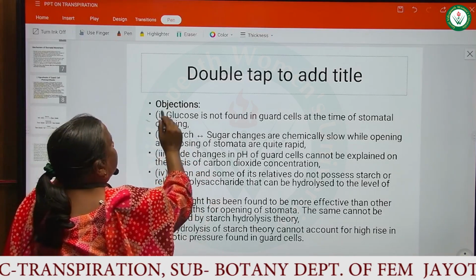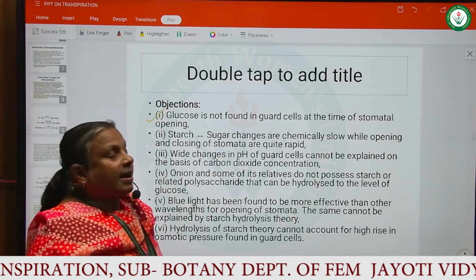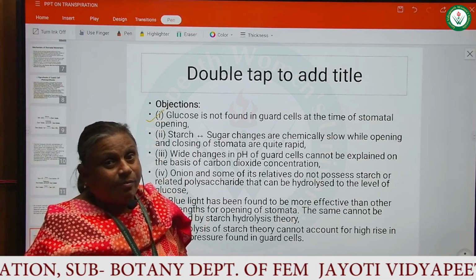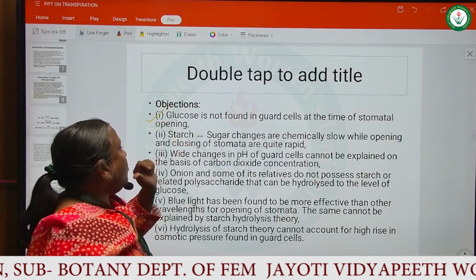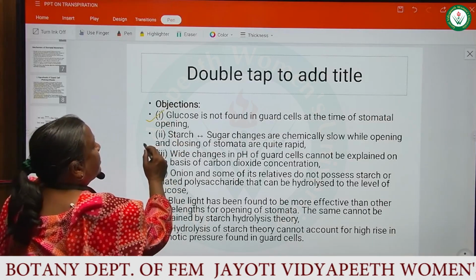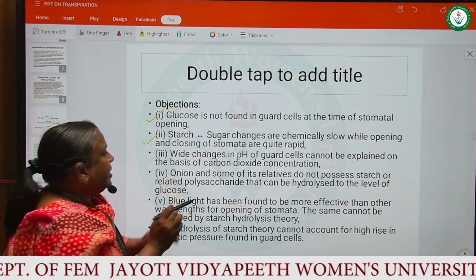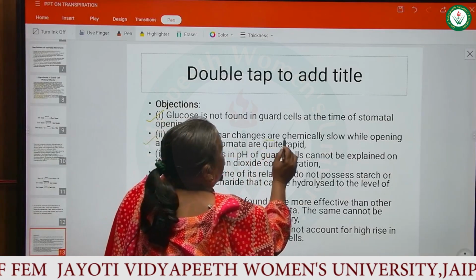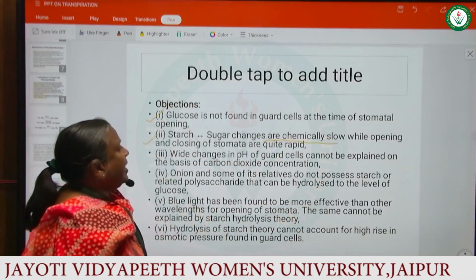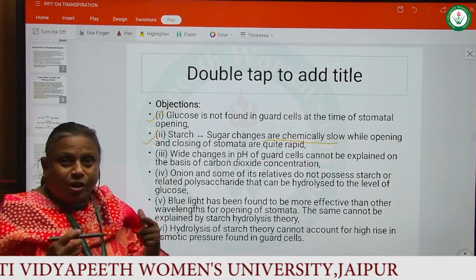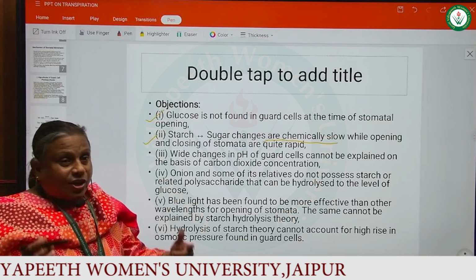First, glucose is not found in the guard cells at the time of stomatal opening. Second, the objection was starch-sugar interconversion changes. Starch-sugar changes are chemically slow, while opening and closing of the stomata are quite rapid.